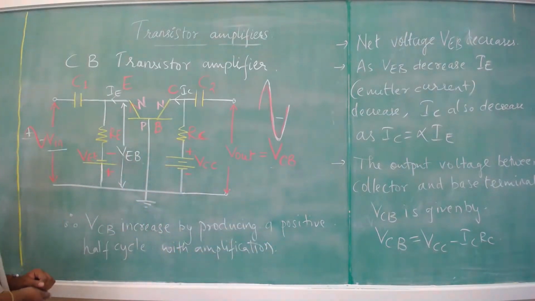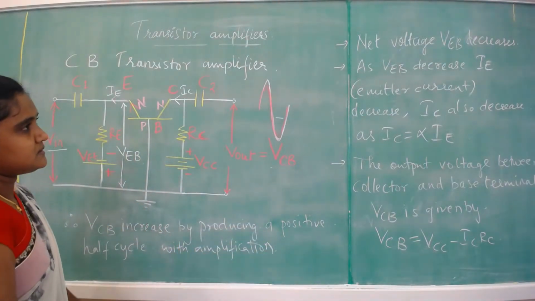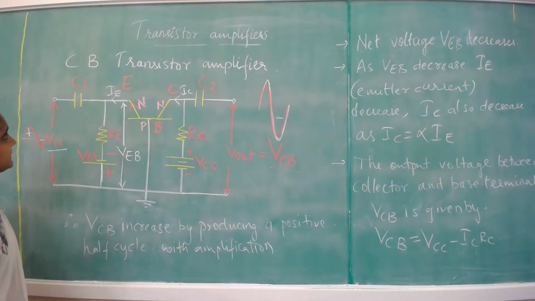Okay, with amplification, right? So this is what is going to happen in the CB transistor amplifier.